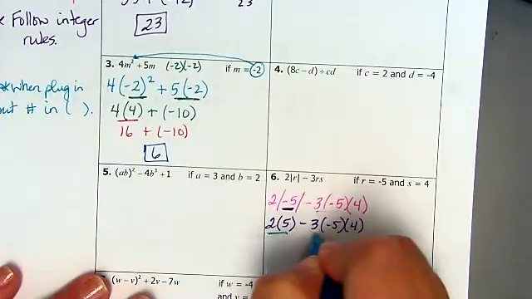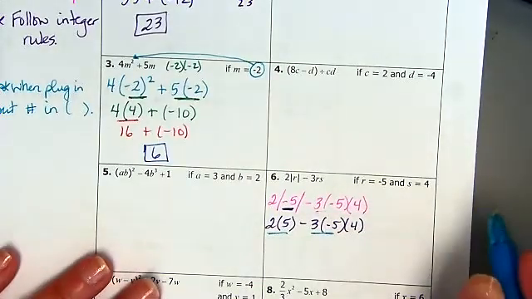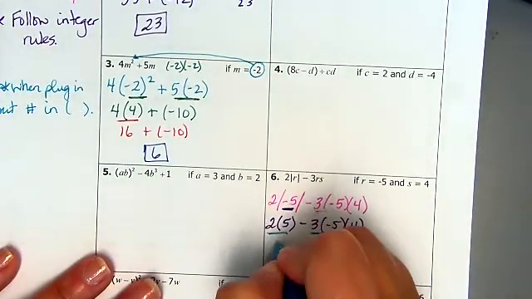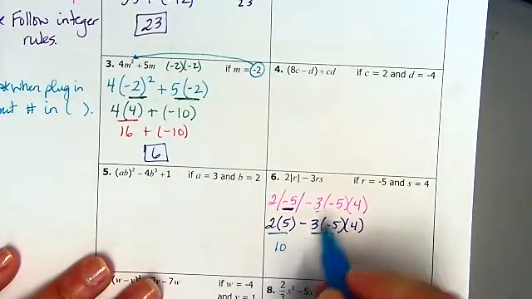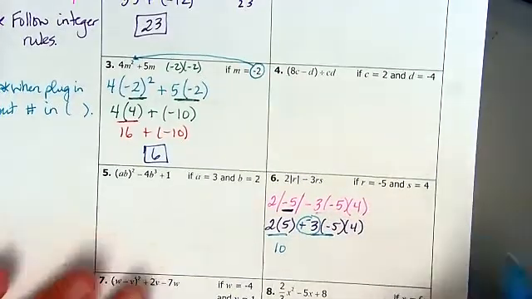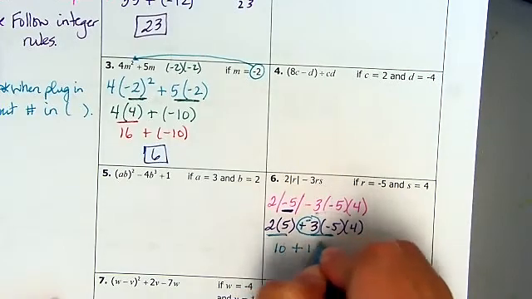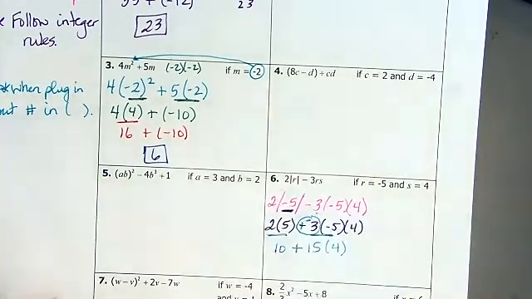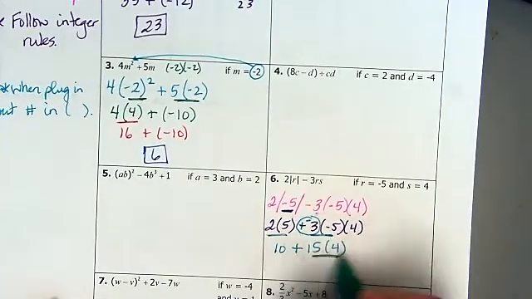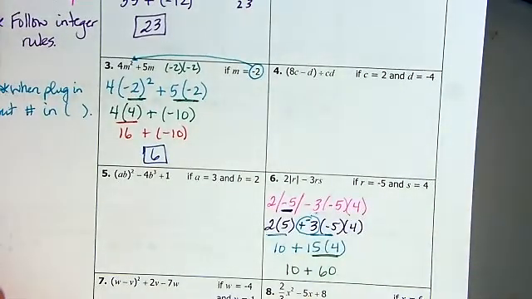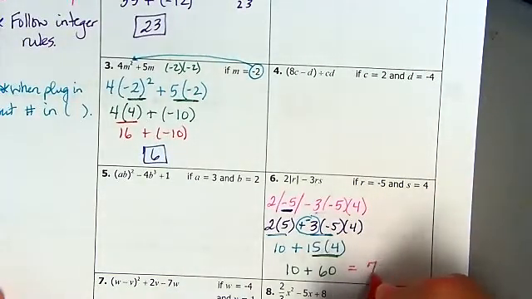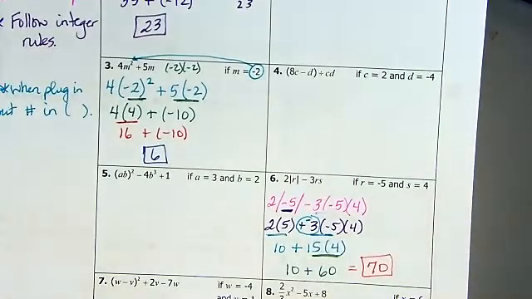Multiplying these two together, multiplying these two together, because I can only multiply 2 things together at a time. So I have 2 times 5 is 10. This is a -3, because this becomes plus a negative. -3 times a -5 becomes a +15 times 4. And now we do this multiplication. So I have 10 plus 60, which gives me a final answer of 70.